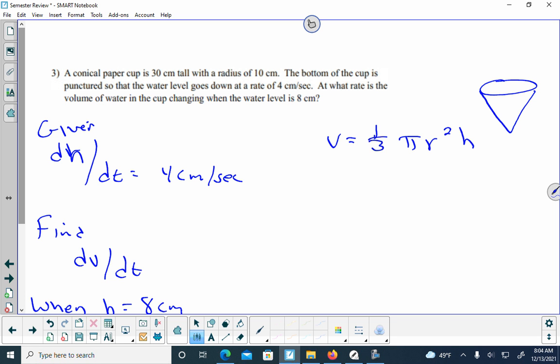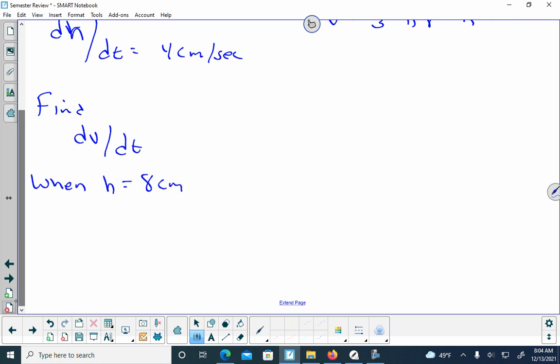Cone. And they're telling me that it is 30 centimeters tall when the radius is 10. So I'm going to sort of set up that little proportion, and I'm going to say, well, over here I'm going to say the height.